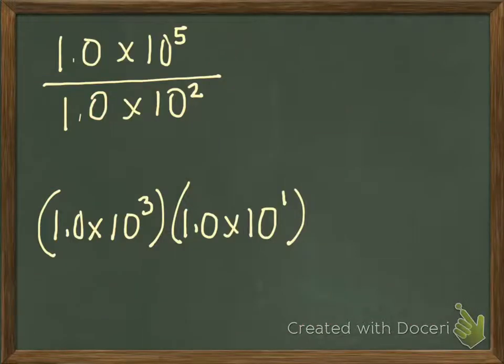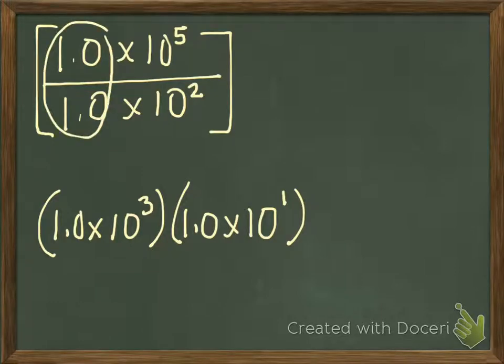Before we get busy with our conversions, let's do a very quick review of simple multiplication and division using scientific notation and using exponents. So the first example we have is division, and we have 1.0 times 10 to the 5th divided by 1.0 times 10 to the 2nd. When we do a problem like that, we take the part that's in front of the scientific notation, the ones here, and we do the division on it.